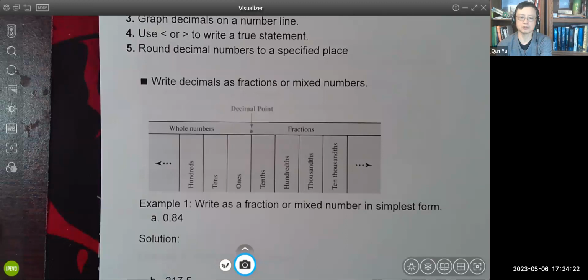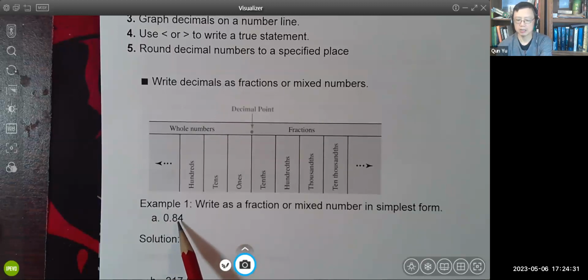Converting from a decimal number to a fraction is actually very intuitive, very easy to do. Basically, you just count how many decimal digits are to the right of the decimal point. If you have 2 decimal digits, you're going to have 2 zeros on the bottom.